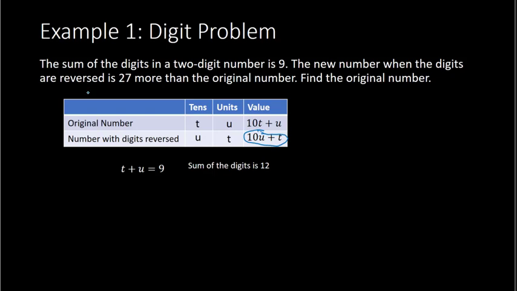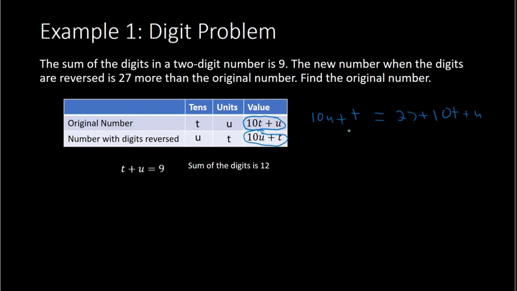The new number when the digits are reversed is 27 more than the original number, so it talks about value. So that 10u plus t, it says, is 27 more than the original number. So is means equals. Is 27 more means you're adding 27 to the value of the original number, which is 10t plus u. And just be careful with the plus sign. It looks kind of like the t a little bit.